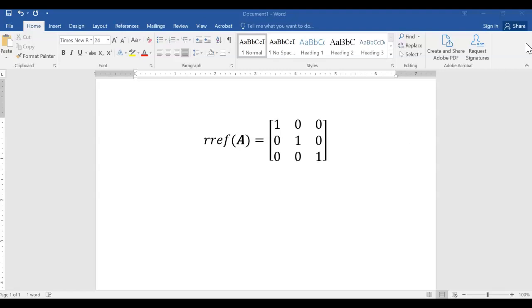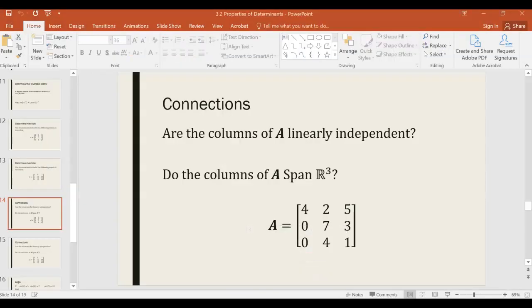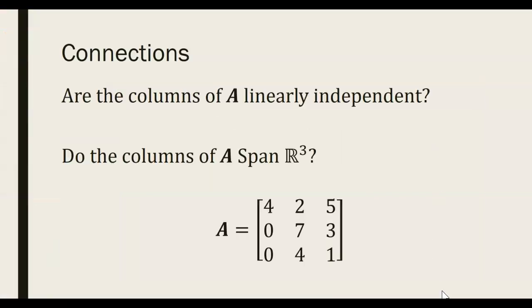And the fact that A is invertible already implied that the columns were linearly independent and the columns span R3. So since we know this A has a non-zero determinant, it is invertible, and so the columns are linearly independent.